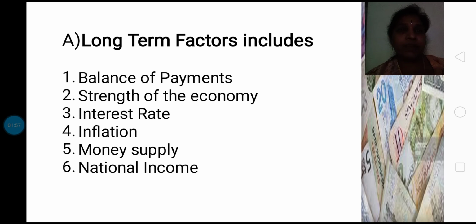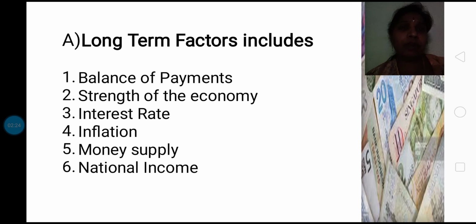The first one is balance of payment. Balance of payment is nothing but the difference between all the money inflows into the country and outflows out of the country. That is, all transactions, goods and services that are traded between countries.